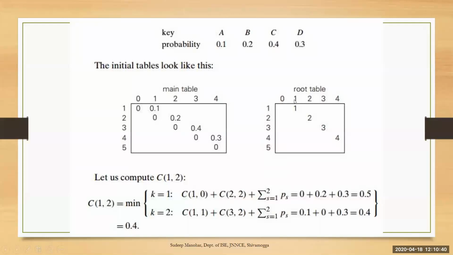That means in 1 comma 1 you should store 1, in 2 comma 2 you should store 2, in 3 comma 3 you should store 3. What are these 1, 2, 3 and 4? These are nothing but the numbers given to the keys. So A is considered as 1, B is 2, C is 3 and D is 4. Okay, now let us start the problem.